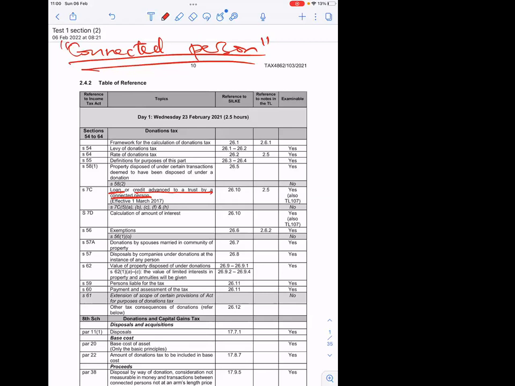Read that definition, tell me. So are we there, good people?